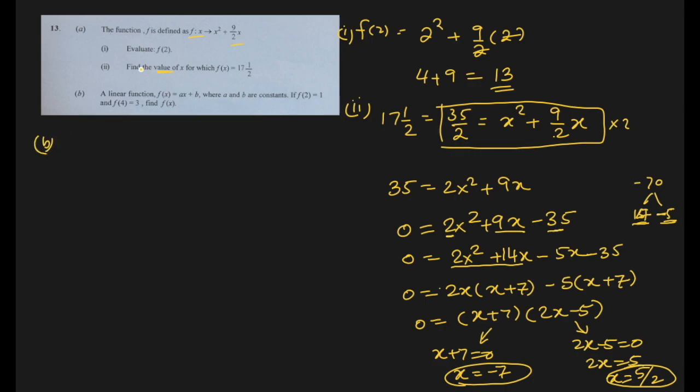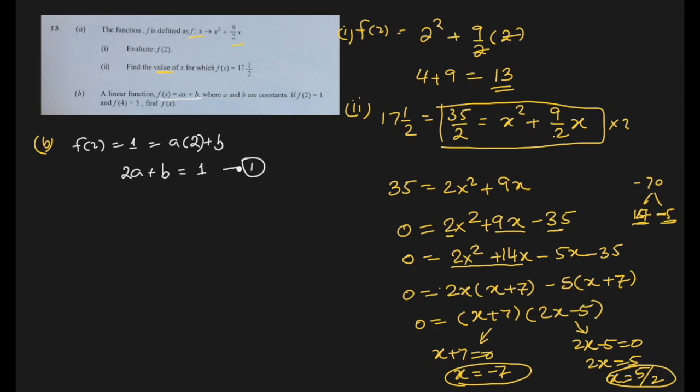Part B, a linear function f(x) equal to ax plus b, where a and b are constants, f(2) is 1. So let's put f(2) in this one. f(2) is 1. So that means x has been replaced by 2. So a times 2 plus b. So that becomes an equation. 2a plus b equal to 1.